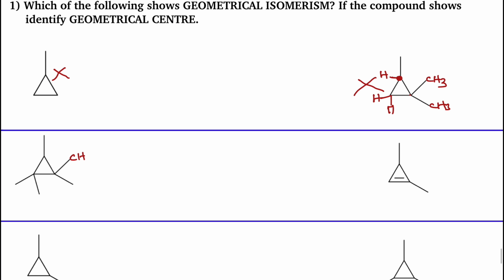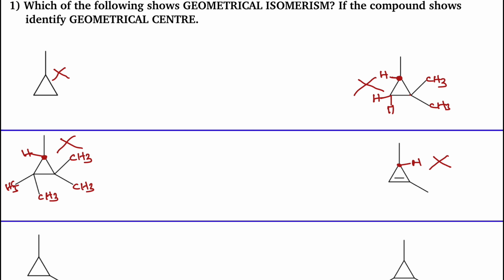Again here you can see this is a methyl group, this is a methyl group, groups are repeated, methyl group and hydrogen, only at one center the condition is satisfied, therefore geometrical isomerism is not possible. And let us not consider an sp2 carbon, because for an sp2 carbon, that group will be in the same plane, it has only one group. So this is sp3, only one atom is satisfying the condition, no geometrical isomerism.